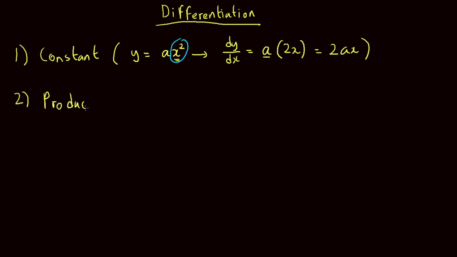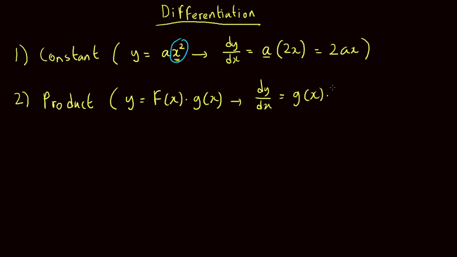It states that if you have a function y expressed in terms of a function f(x) multiplied with a function g(x), the derivative of this function would be equal to g(x) times f prime x plus f(x) times g prime x. So that's basically the product rule.